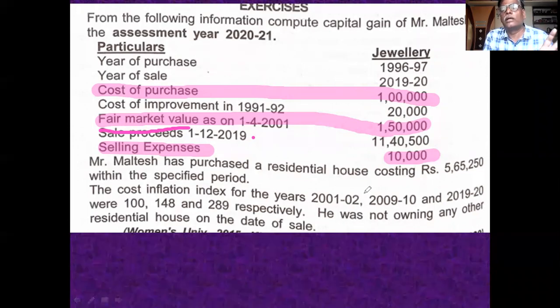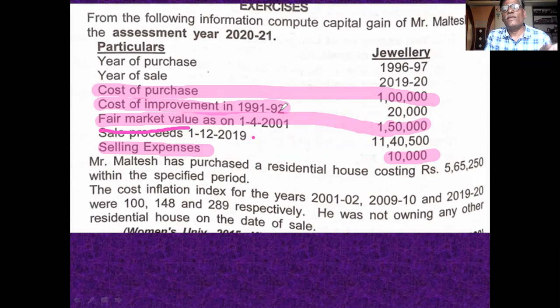You ignore it. Here cost of improvement is there, one in 91/92, and this point is ignored because it is before 1/4/2001. Clear? Ignore. Otherwise, you take this.